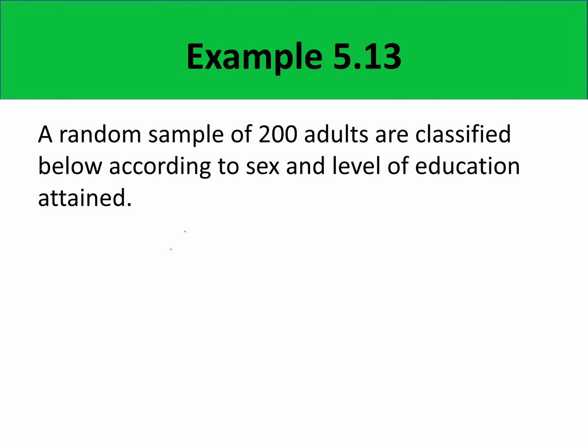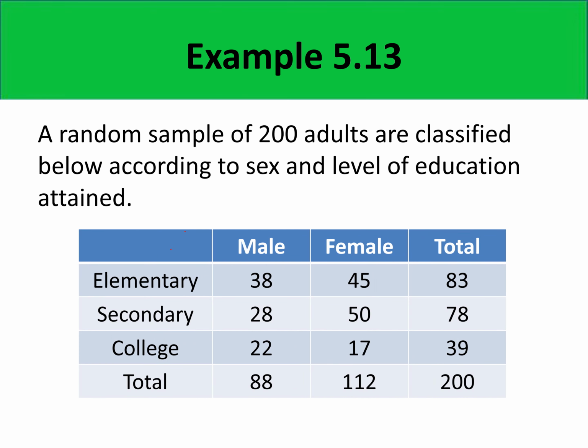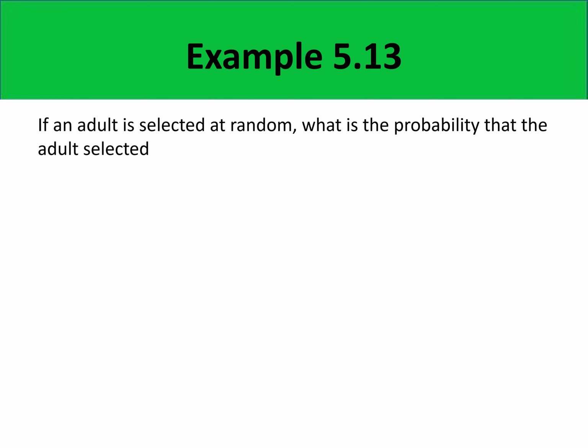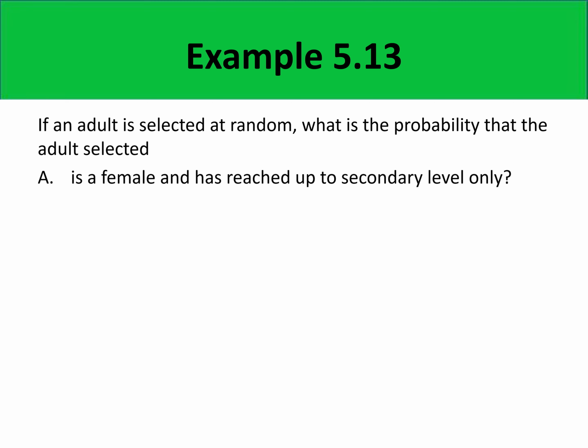Let us illustrate the additive and complementary rules using a contingency table. A random sample of 200 adults are classified below according to the criterion gender and the criterion level of education attained. So if an adult is selected at random, what is the probability that the adult selected is a female and has reached up to secondary level only?